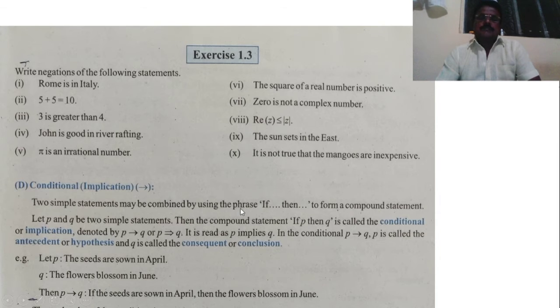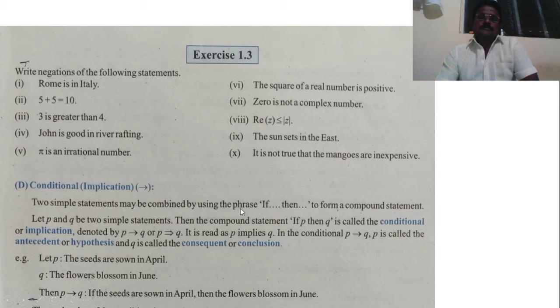Number 6. Statement P, that is a simple statement: the square of a real number is positive. Negation of P: the square of a real number is not positive.